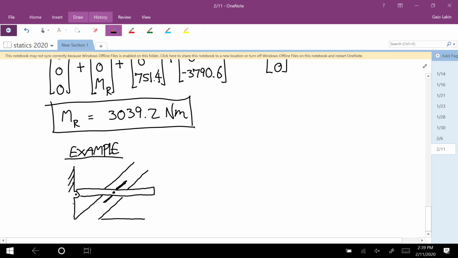Okay, so all of this shaded stuff is fixed to the ground. You follow that? And then there's a 1,000 Newton force applied to the end of the beam.